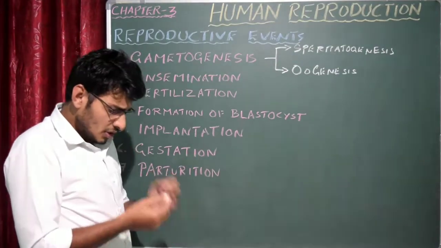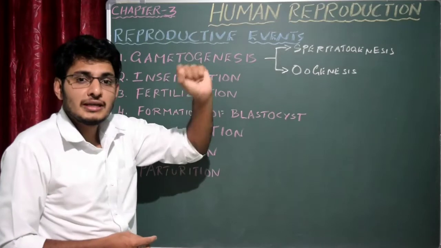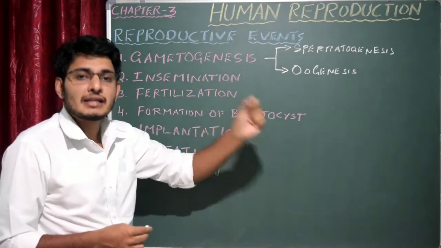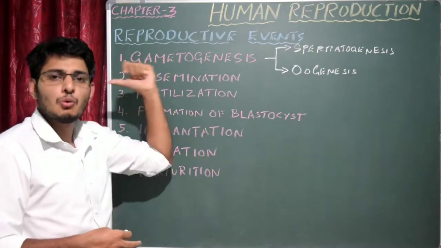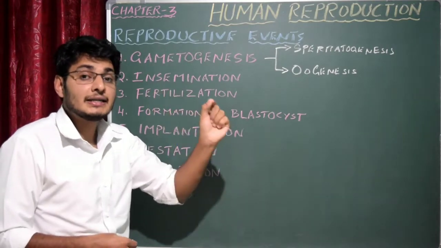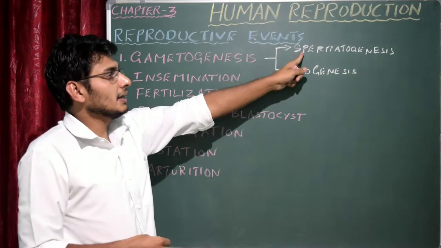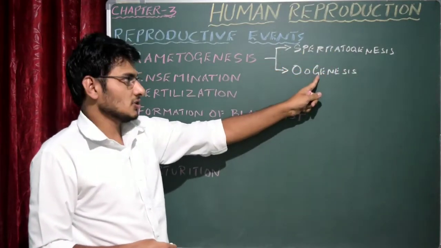Okay, so now reproductive events. Humans are sexually reproducing organisms. They exhibit certain events before fertilization. What are those events particularly? The gametogenesis. You all know that it is the process of formation of the gamete. In male it is called sperm, in female it is called ovum. The process in male is called spermatogenesis, in female it is called oogenesis.